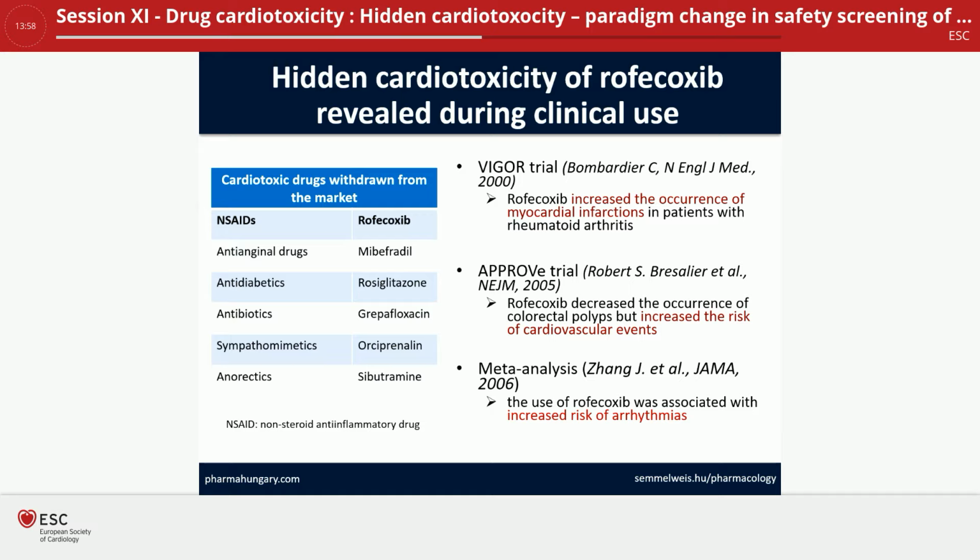This is a COX-2 inhibitor. It was used as a painkiller, especially also for young sportsmen and so on. And due to some meta-analysis and some clinical trials, the company realized that there is a safety issue here, and on its own decision withdrew it from the market.